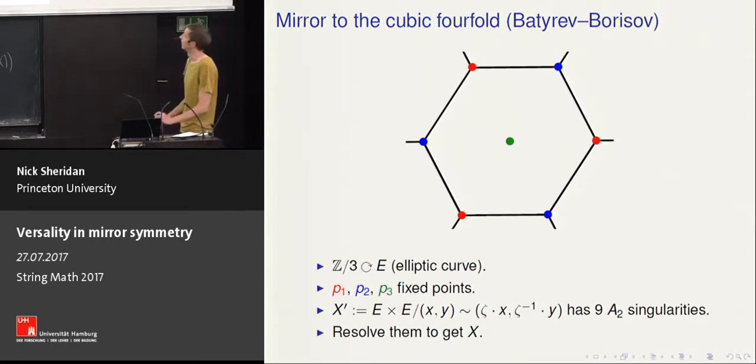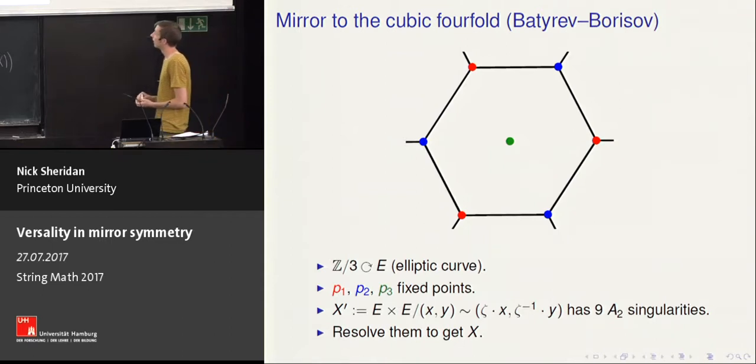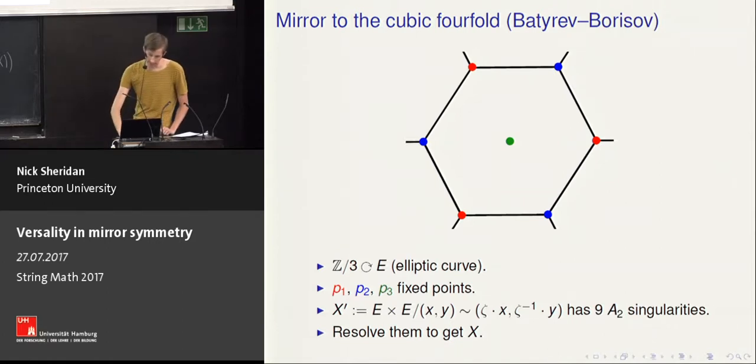So there's a putative mirror to this cubic fourfold from Batyrev-Borisov's reflexive Gorenstein cones construction. And the way we get it is we look at an elliptic curve with a Z mod 3 action. Here's a picture of the fundamental domain, and the Z mod 3 action rotates by 2 pi over 3, taking this red point to this red point.